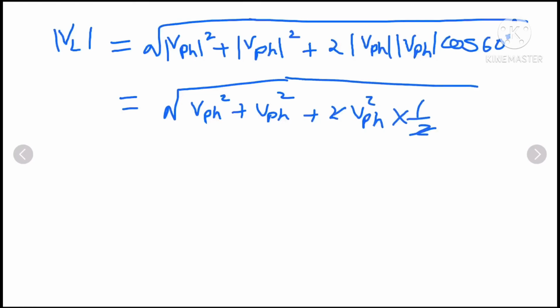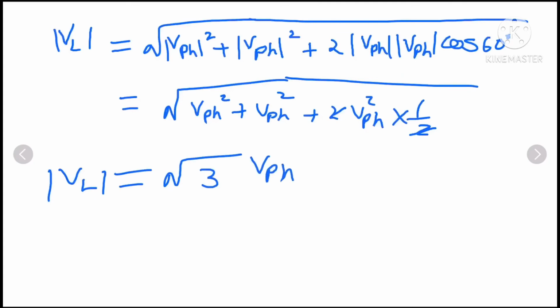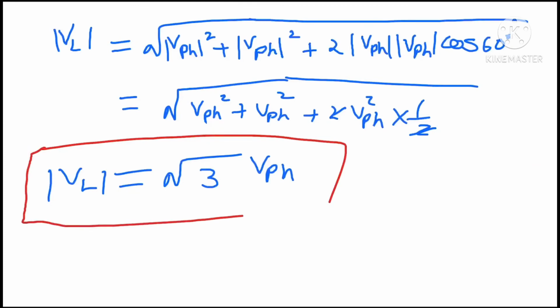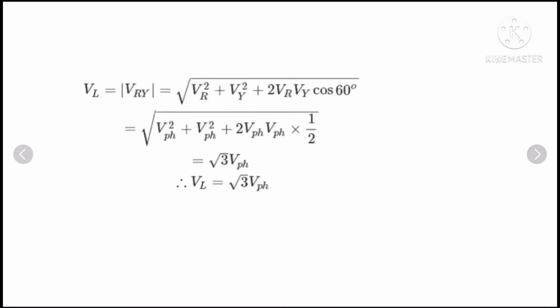This 2 will get cancelled out and we will have root 3 VPH, and this is your final relation of voltage quantities between line voltage and phase voltage. This is the summary of the calculation, you can have a look.